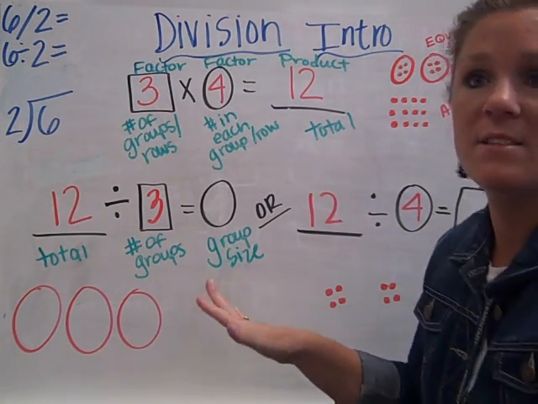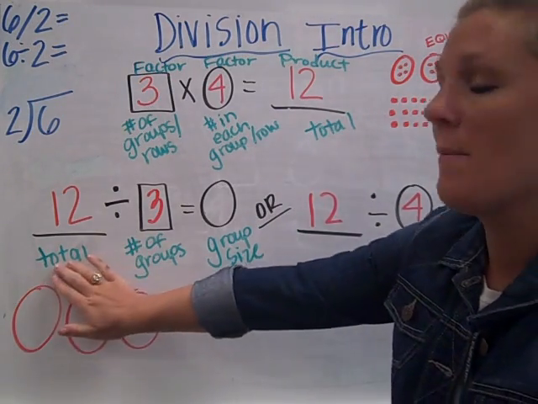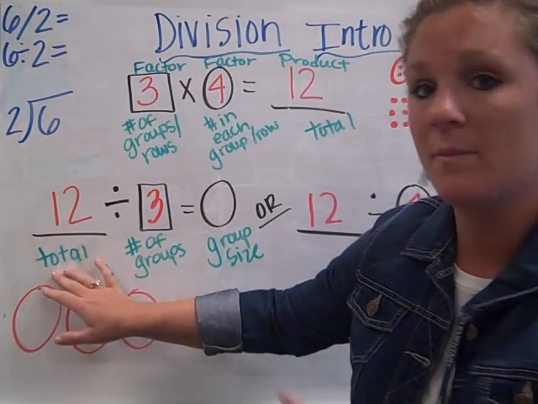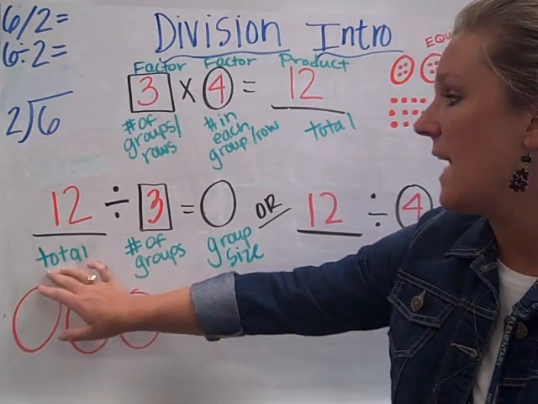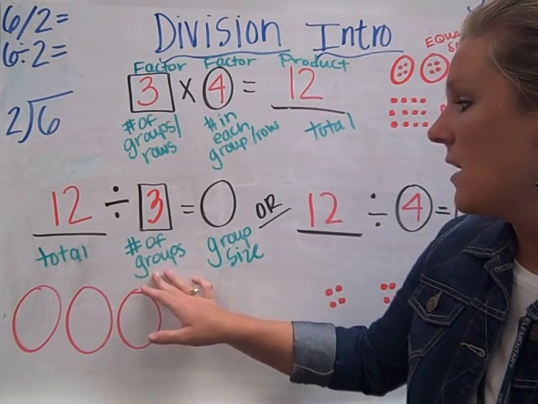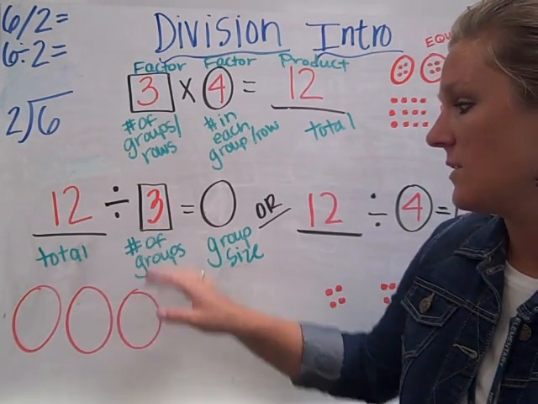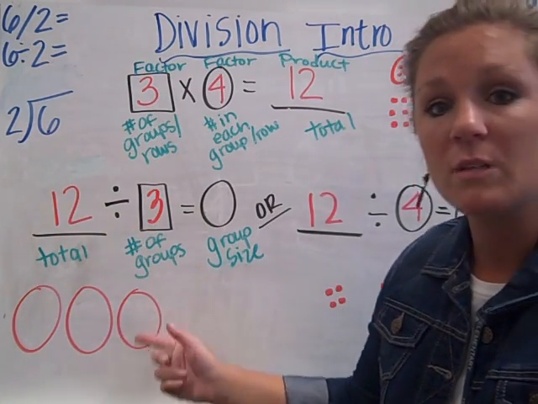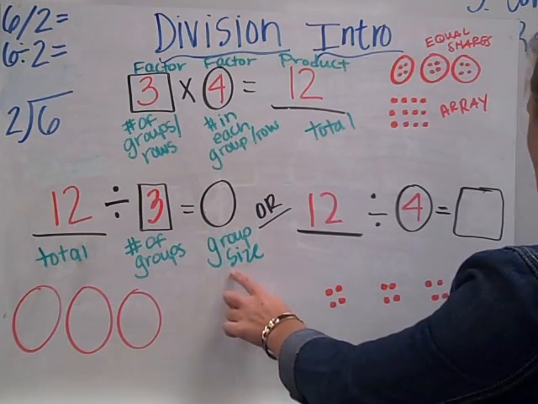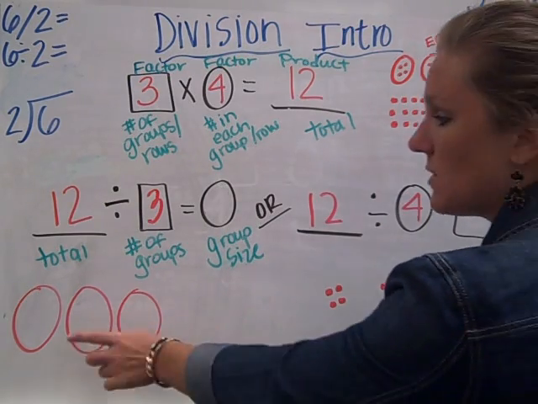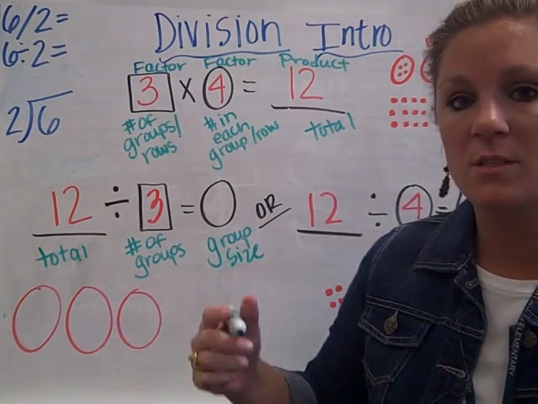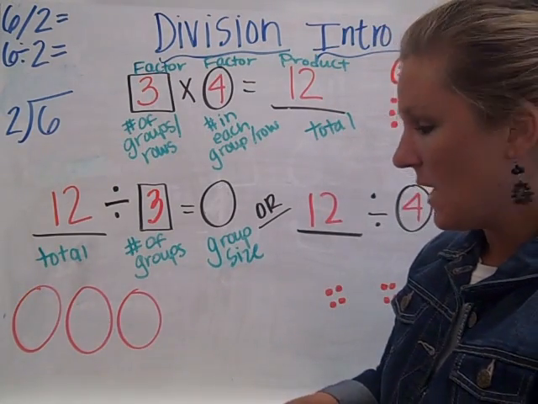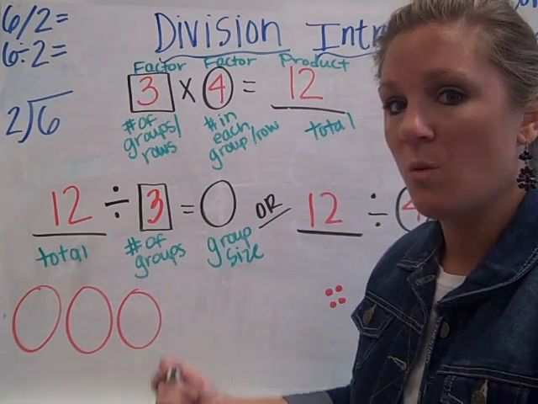When we look at it in division, you're going to remember to take your total, because this is now your dividend. It's the total amount we want to divide. And now I want to divide by a number of groups, 3. So this is telling me to take 12 and divide it equally amongst these 3 groups. So I want to know the group size, or the amount that will be in each of these groups. So all I'm going to do, since I know I have this many groups, is simply count until I get to 12.